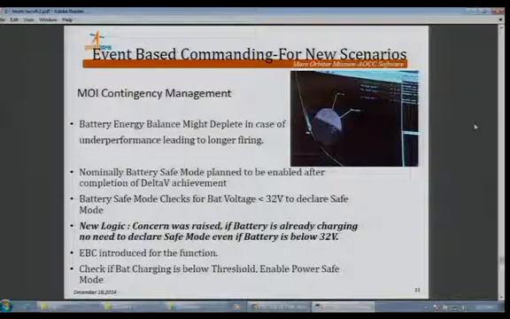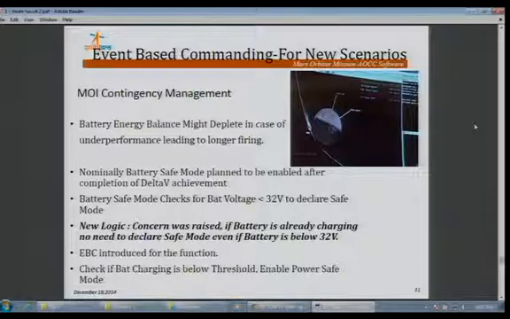Nominally the battery safe mode was planned to be enabled after completion of whatever delta V is achieved. But when we worked out the different cases of these MOI conditions, it came out that due to the nominal case itself, due to the longer firing, the battery voltage may be less than the limit that was put. It can reach a lesser value due to the energy balance depletion. So there was a case of unnecessarily declaring a safe mode.